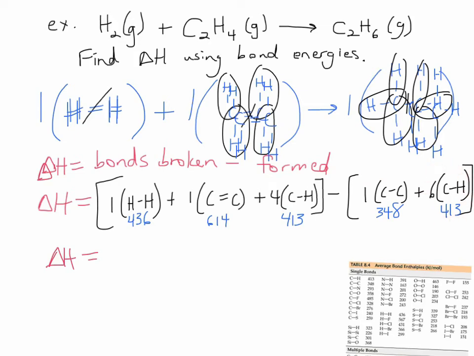I highly recommend doing the parts in the brackets first and then doing the subtraction at the end. And when you do the math, you should get negative 124 kilojoules per mole. Because delta H is negative, this reaction is exothermic, meaning that the bonds formed by the products are stronger than the bonds broken in the reactants.